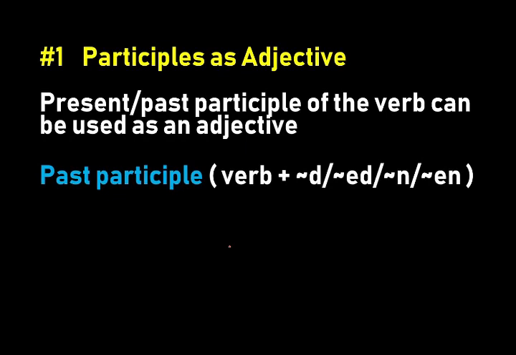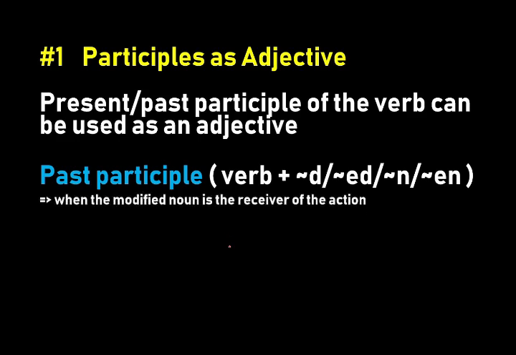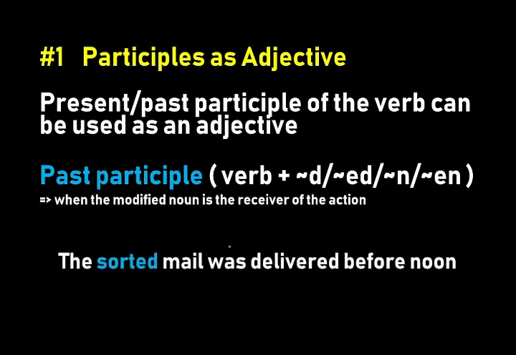Next is the past participle. The form is verb plus suffix -d or -ed or -an or -en. It is used when the modified noun is the receiver of the action. And here is the example. The sorted mail was delivered before noon. Here we see the noun mail is the receiver of the action sort.